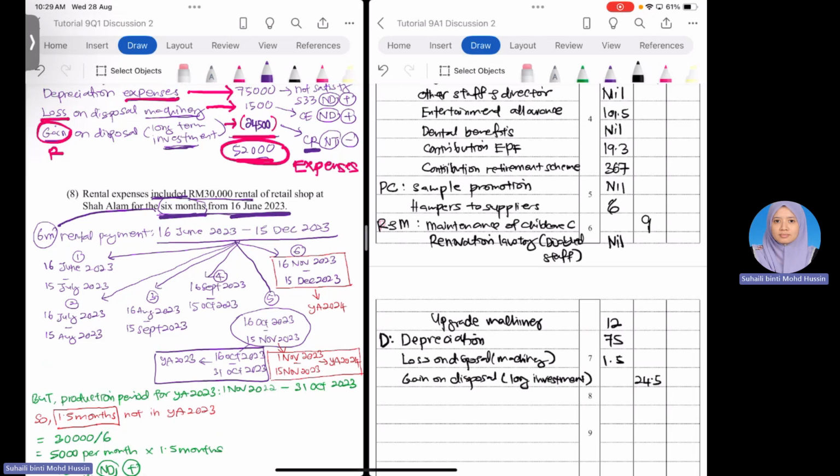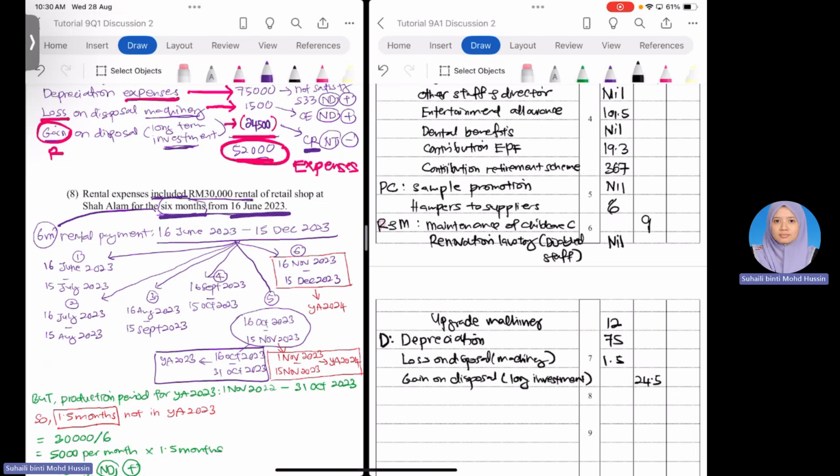Remember that your accounting period is from 1st November 2022 until 31st October 2023. This is the accounting period and production period for the company. Now you pay the rental until 16 December 2023. You realize that 1.5 months of the rental payment is not in the year 2023.